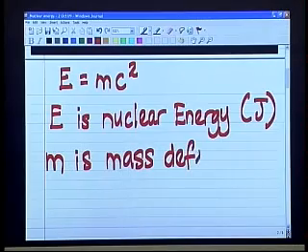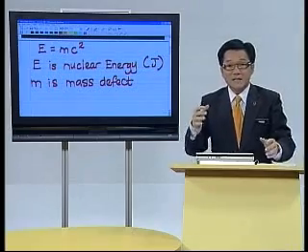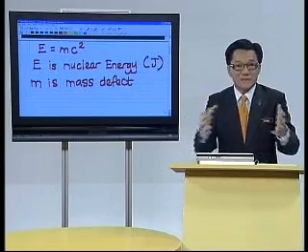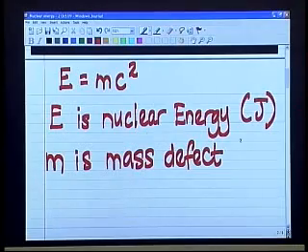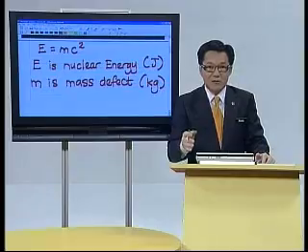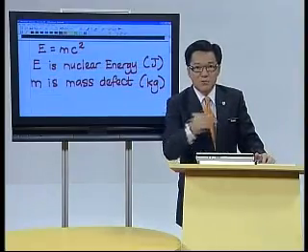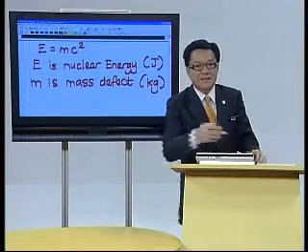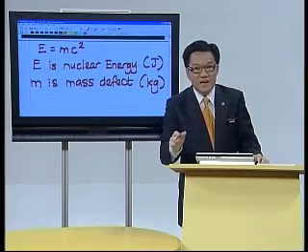You must add the word defect. Otherwise, you can lose your marks in the subjective question. So what is the unit? It is in kilogram. When I write down kilogram, it means that to use this formula, you must have your unit for mass in kilograms, not in any other units.